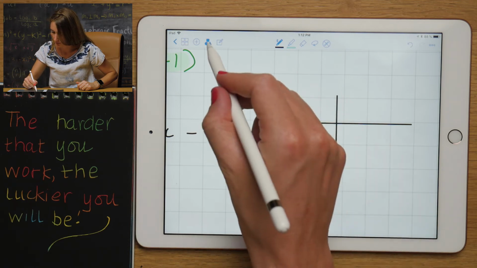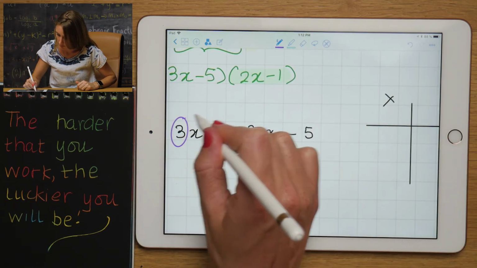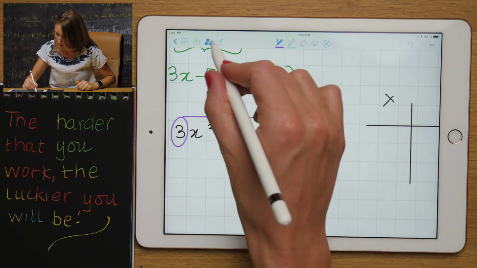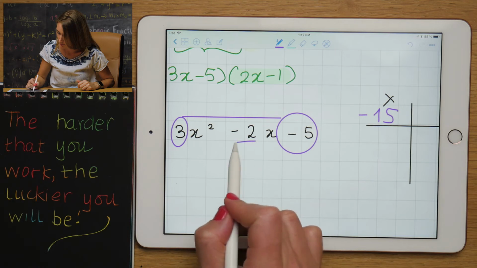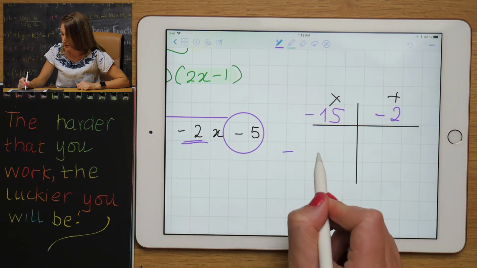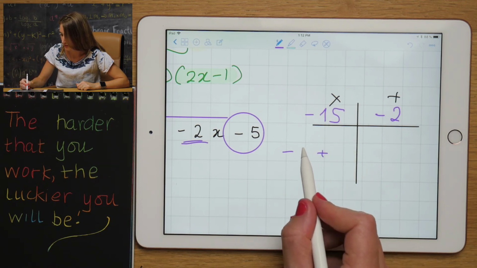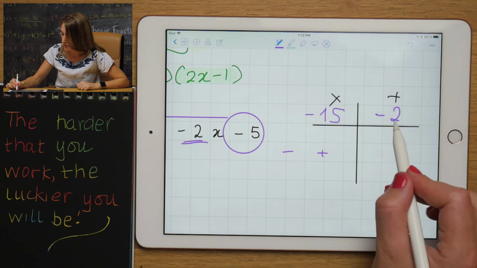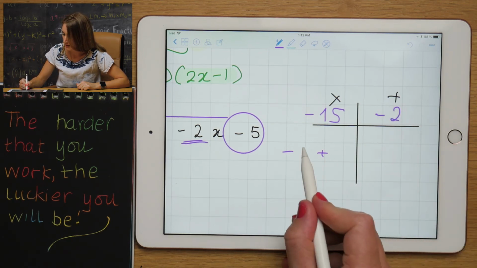So I'm going to create my grid. The first one is going to be my multiply number, the second one my add. So 3 times minus 5 will mean I'm multiplying for minus 15, and I'm adding for minus 2. Because it's minus 15, I'm going to need a minus and a plus. Okay, so 15, I can have 5 and 3. Now, because I want them to add up to a negative number, I put the negative number higher.